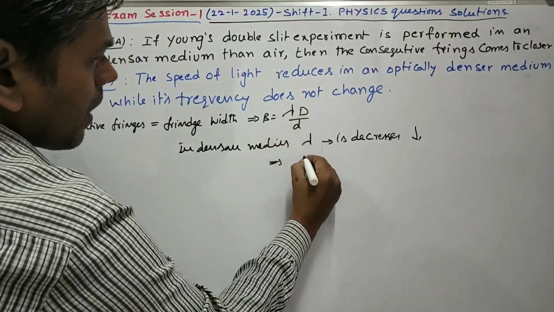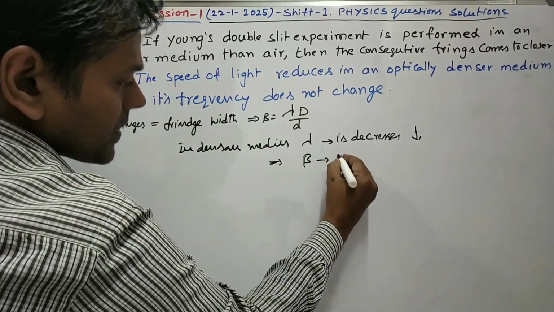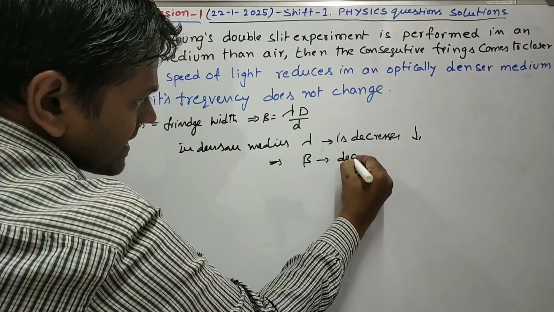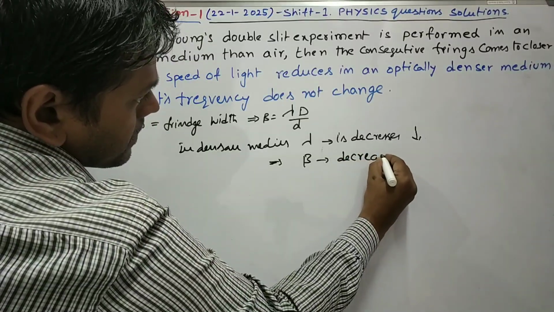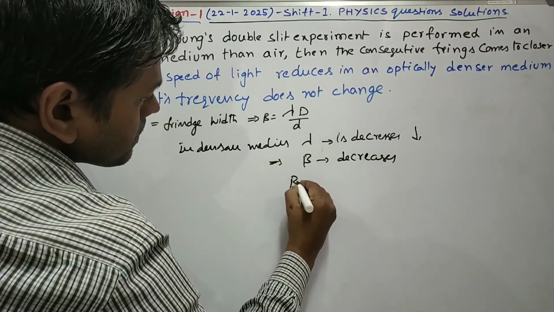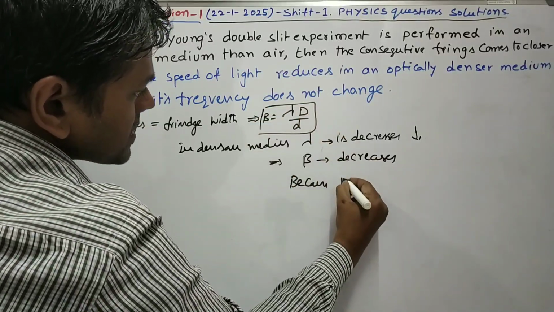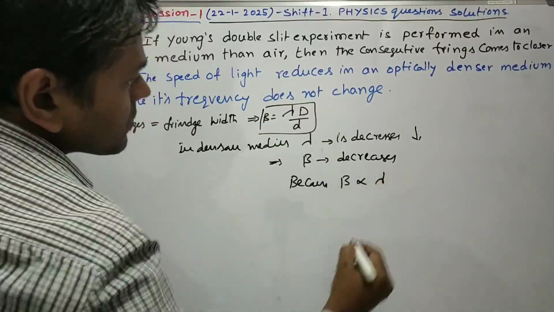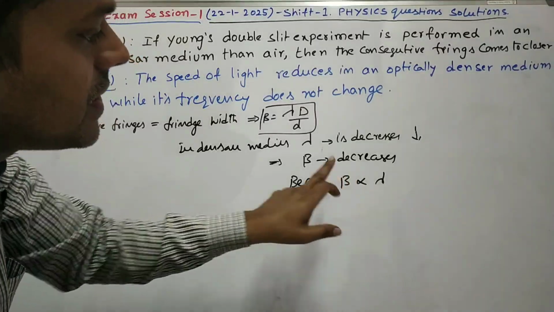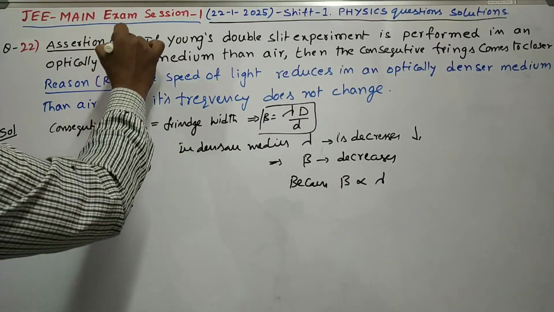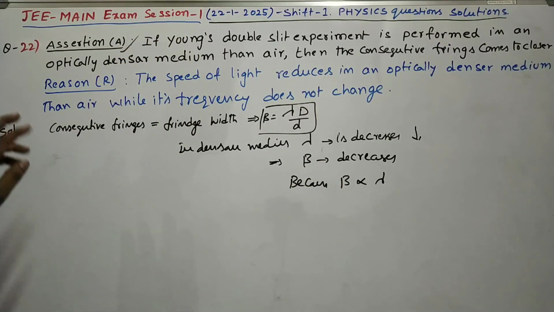Then automatically the fringe width also decreases. Why? Because from this equation, fringe width is directly proportional to wavelength. If the wavelength decreases, fringe width also decreases. So the assertion is correct. Okay, next, the reason.